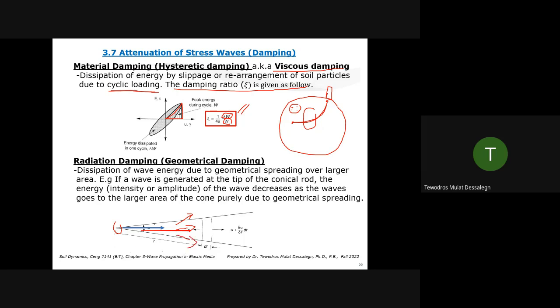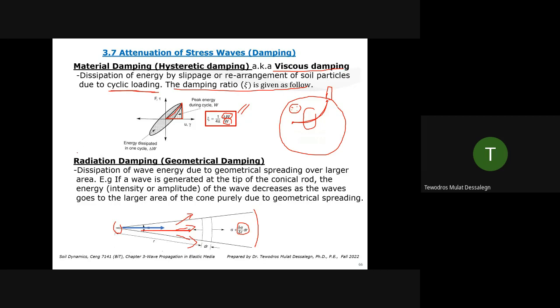So whatever stress you have initially, if you measure it at another distance, you have a rate of change. Usually it decreases. So there is a decrease in the wave energy because of spreading to a larger area. For geotechnical engineering, we call that radiation damping, or geometrical damping.